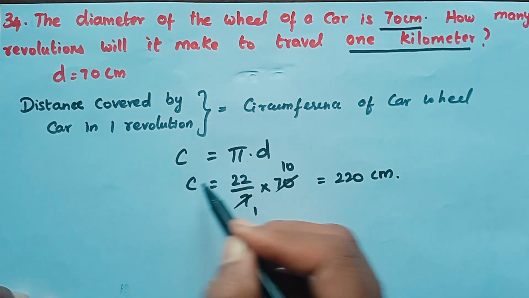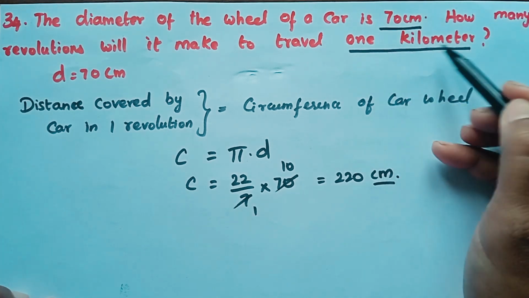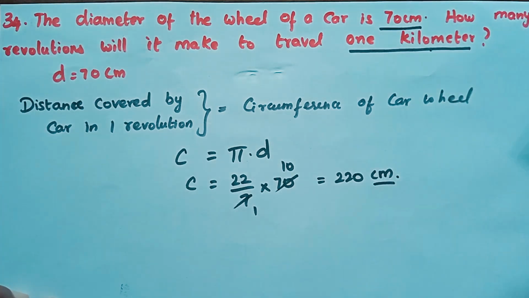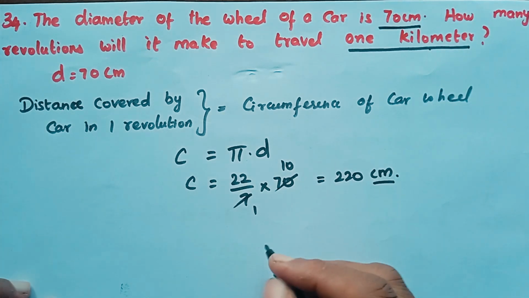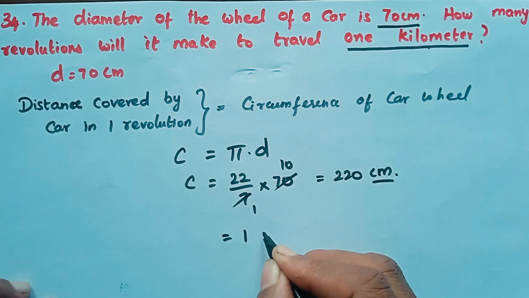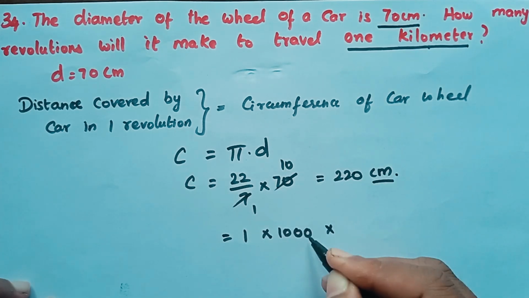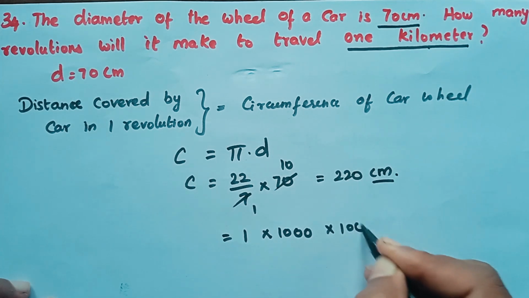But here the circumference is in centimeters and the distance is in kilometers. So first we will convert this kilometer into centimeter and then do the further calculations. To convert 1 kilometer into centimeter, first convert it into meters, so multiply by 1000. Then to convert meter into centimeter, multiply by 100.